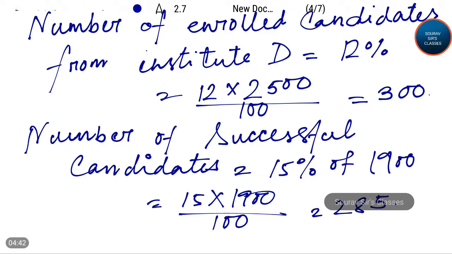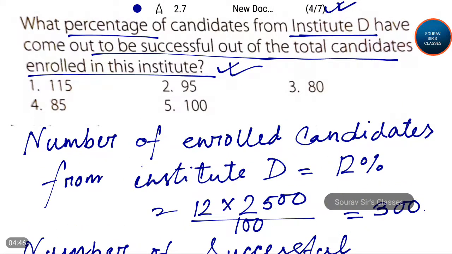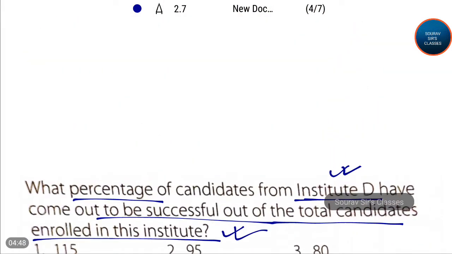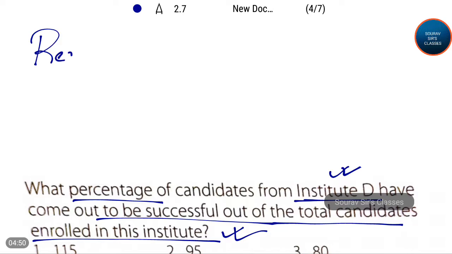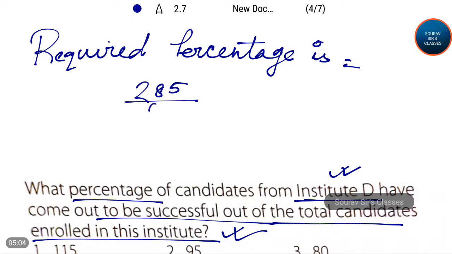Now the required percentage is equal to 285 divided by 300 into 100, that is equal to 95%.